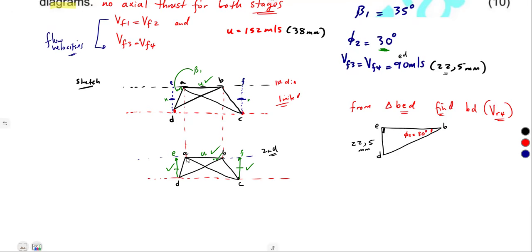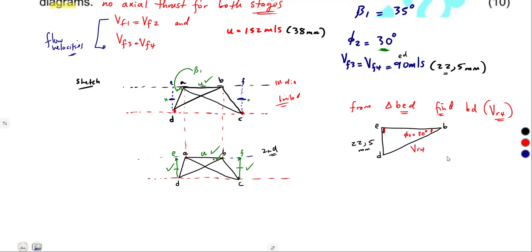We cannot use the U, A to B, because it is not at 90 degrees. That is why you need to take from B to E, because what you need is the right angled triangle that is going to be formed. So let's calculate BD.